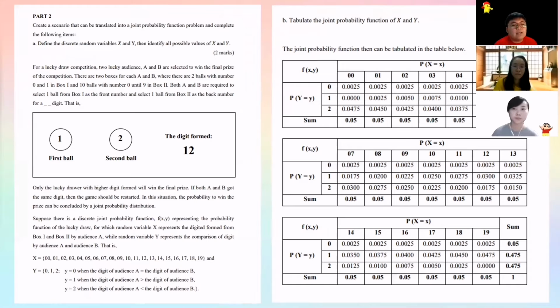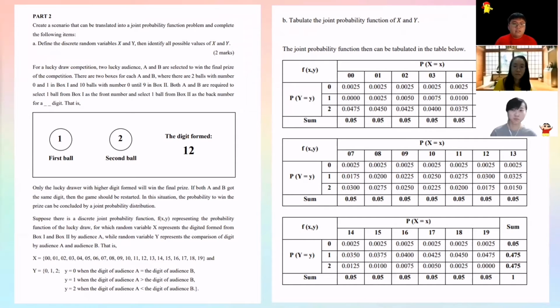For example, if from the first box I pick 1 and in the second box I pick 2, the number formed is 12. The person with the higher number will win the final prize. But if both A and B get the same number, then the game restarts.